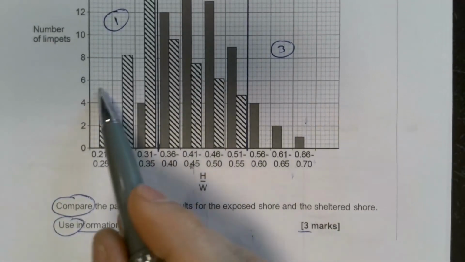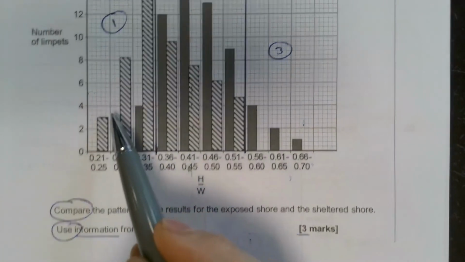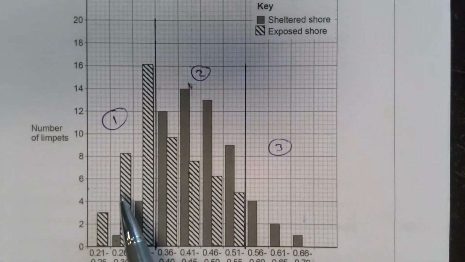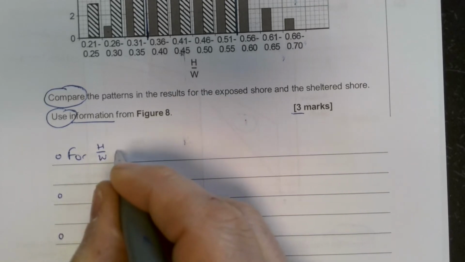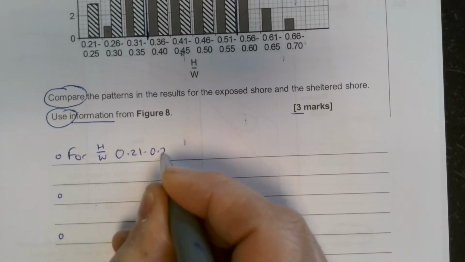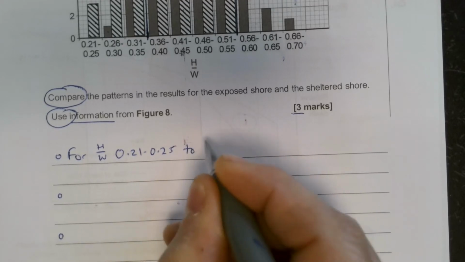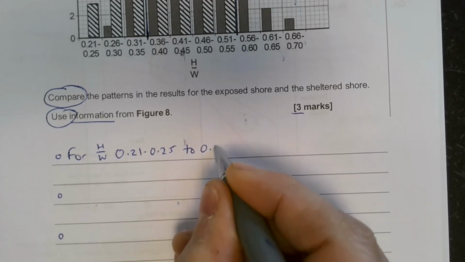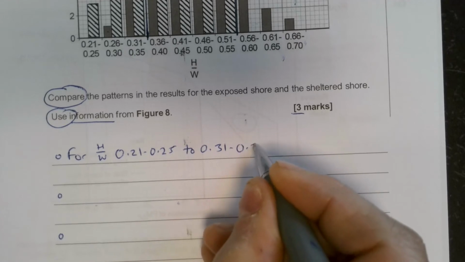So I'm going to talk about region 1 here, where I know that the number of limpets on exposed shore are more than the sheltered shore, and use information. I always start my comparison statements for graphs off in the same way. For H over W, 0.21, 0.252, 0.31, 0.35.